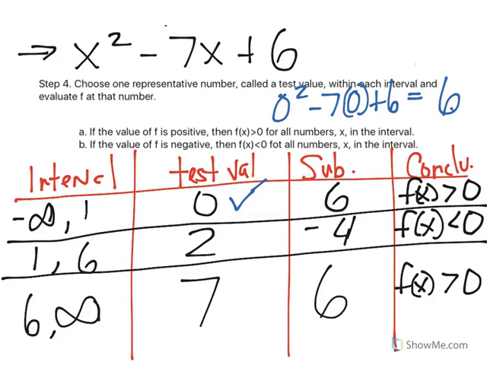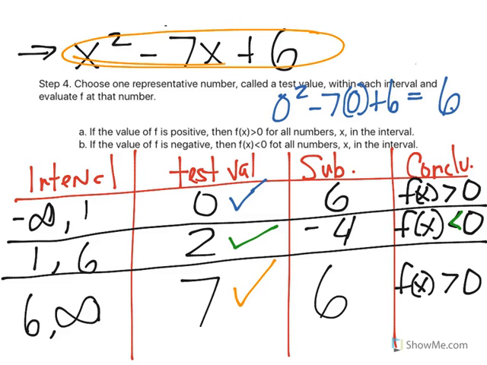So that's why f of x is greater than 0. Now, when I plug 2 in, the end result was a negative 4. Negative 4 is less than 0. So that's why that's less than 0. And so on. When I plugged 7 into this equation up here, the end result was 6. And 6 is greater than 0, so f of x is greater than 0.